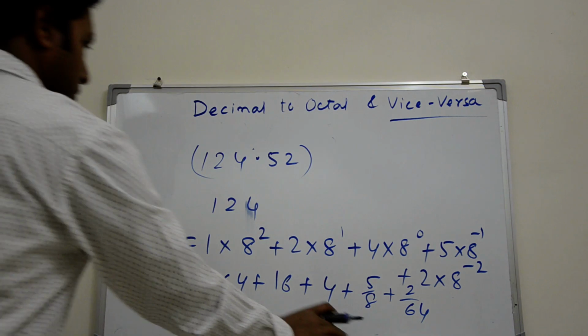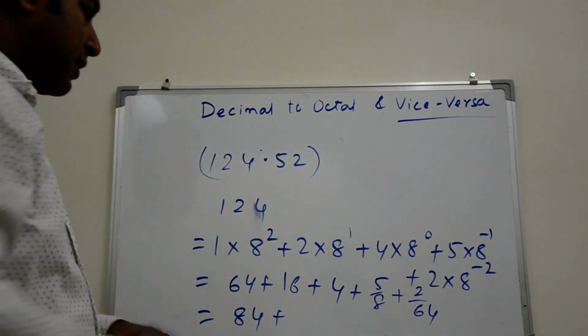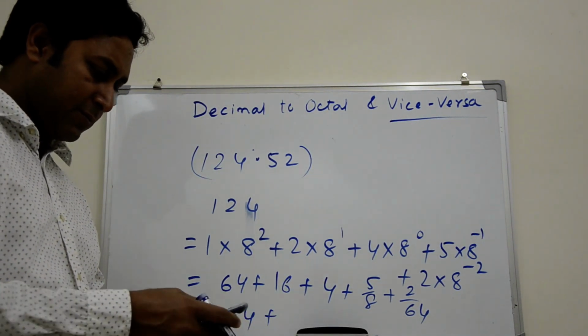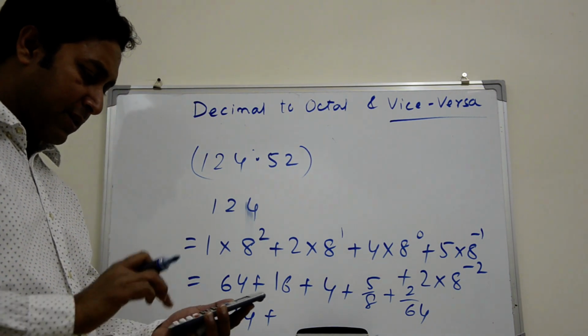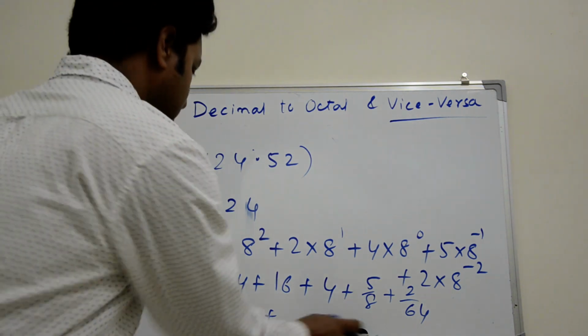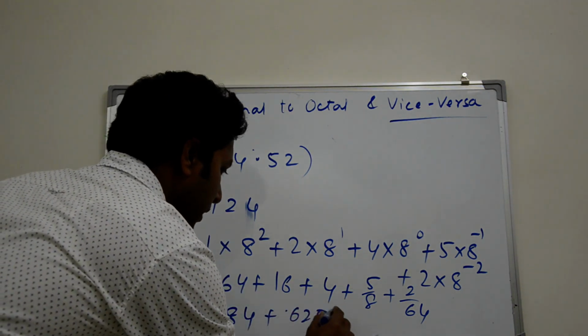Okay, so now we will just change it. Let me divide 5 by 8. We got 0.625.